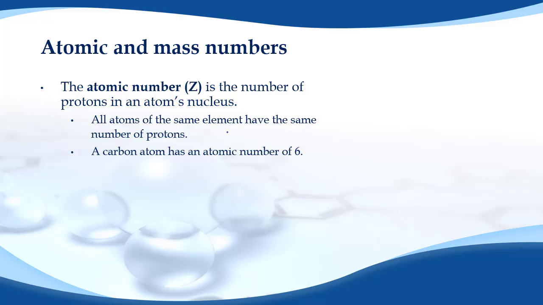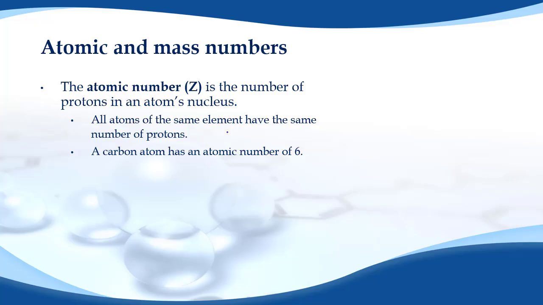You're going to see this in diagrams labeled as the variable letter Z. Atomic number is just the number of protons. All atoms of the same type have the same number of protons. That's the definition. So by definition, every atom of carbon has exactly 6 protons. Every atom of oxygen has exactly 8 protons. That's not going to change.